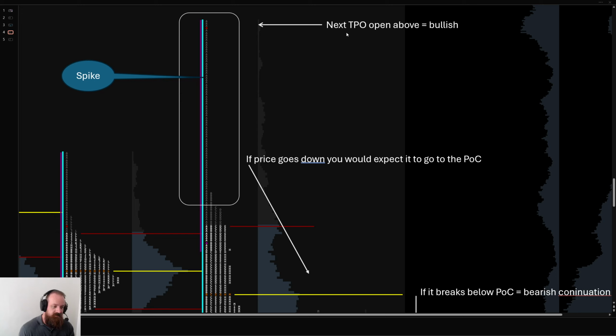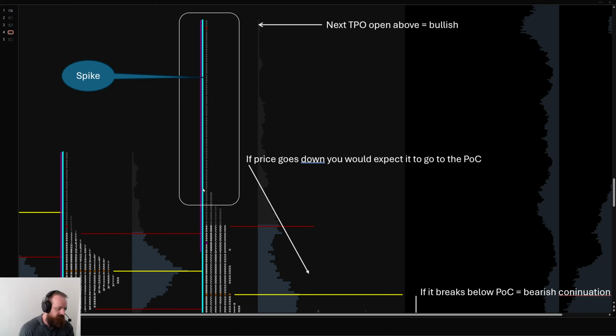Basically, if the next TPO chart opens here, it's bullish. If the price goes down, like, okay, we had the spike up, the price comes back down again, so doesn't necessarily mean it's rejecting because it can still go up.